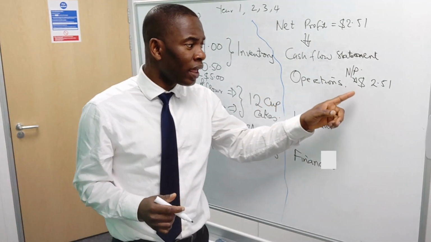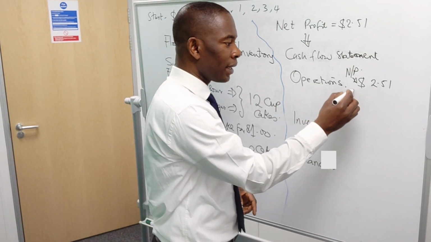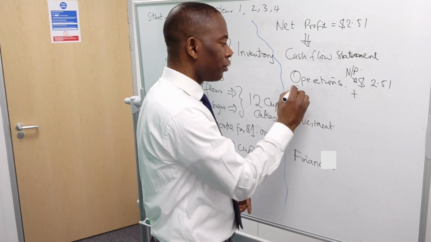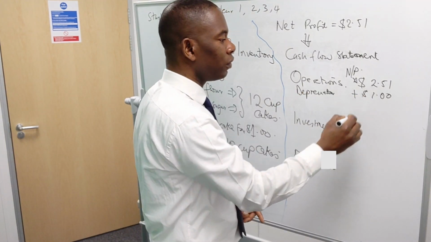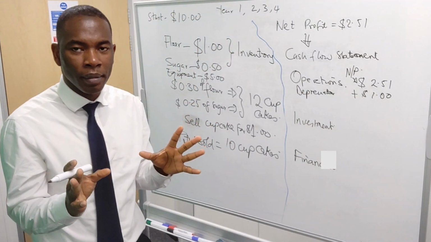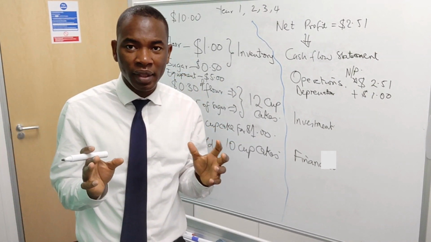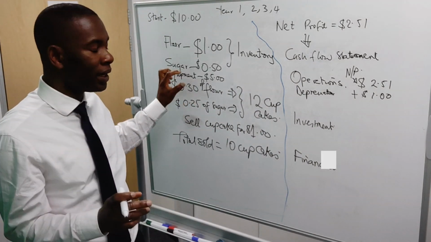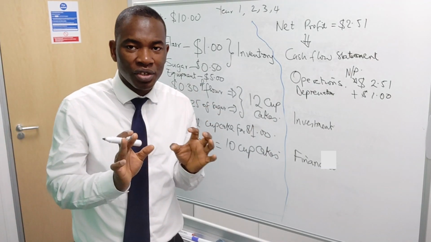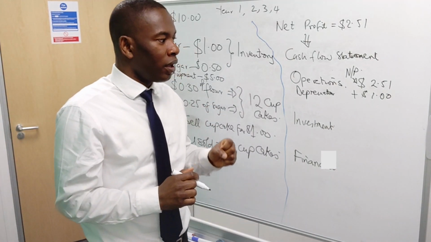So that money, we're going to come back right here and say depreciation $1. I'm making this for argument's sake. I remember that we didn't speak about equipment yesterday. I just wanted things to be very, very simple.